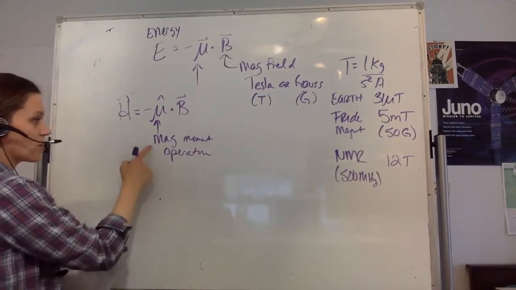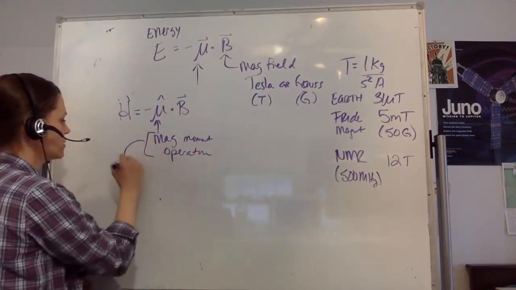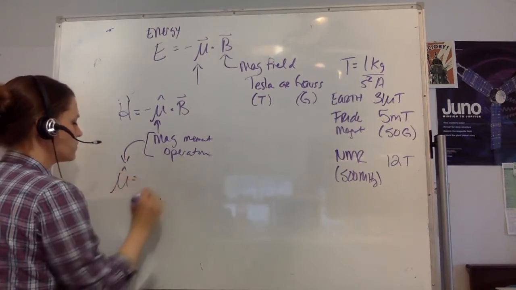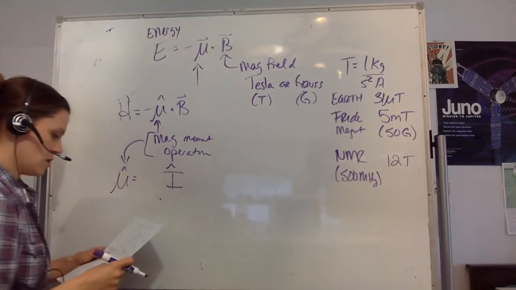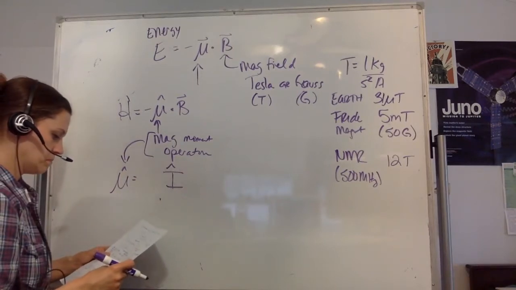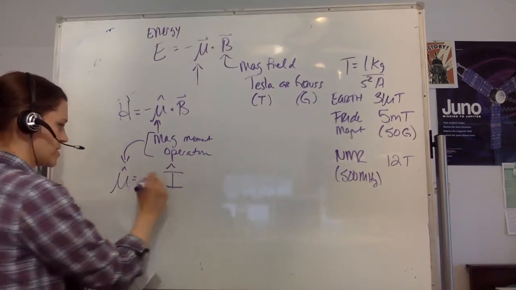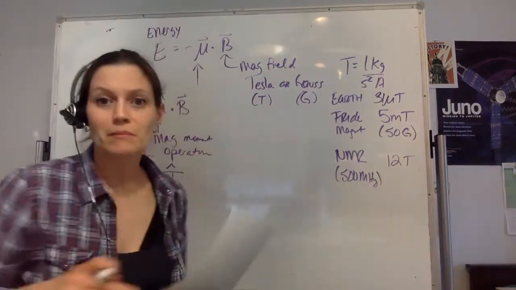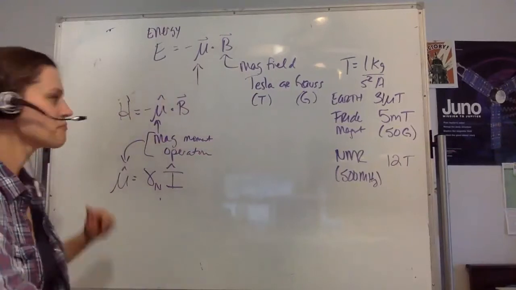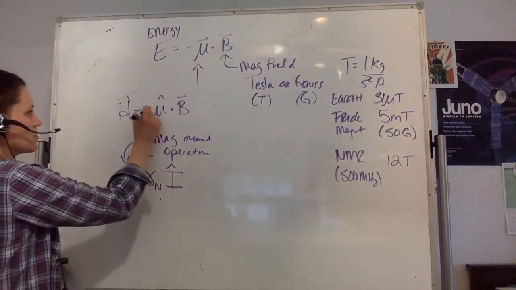And so the magnetic moment operator, this is what I wanted to go into, is equal to the, oh no, I think I have a mistake. Pause for a second and correct something. Sorry, thought I was missing a negative sign. We're good. That negative sign is supposed to be there.